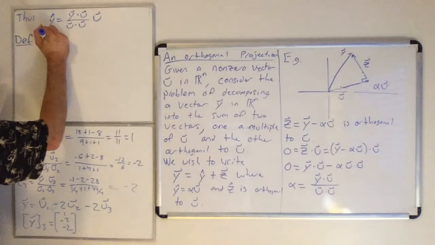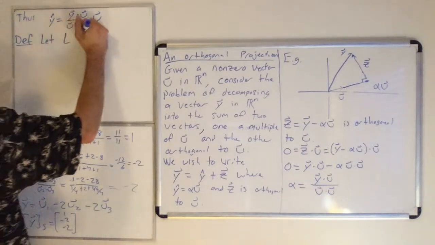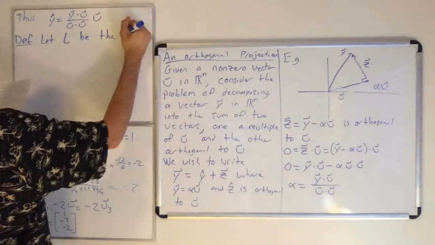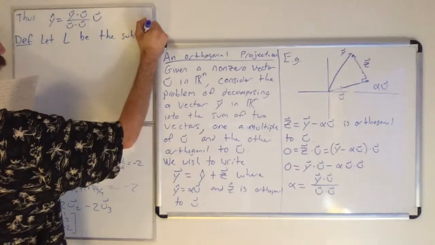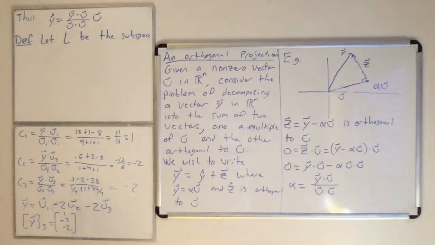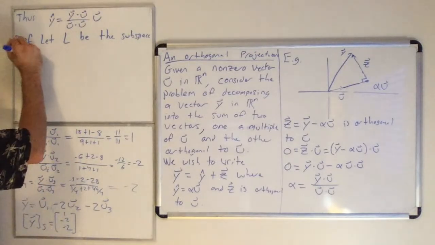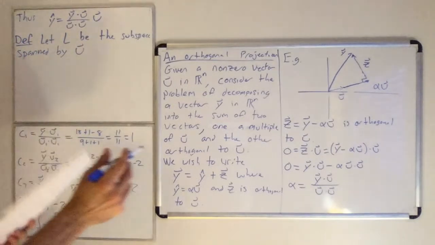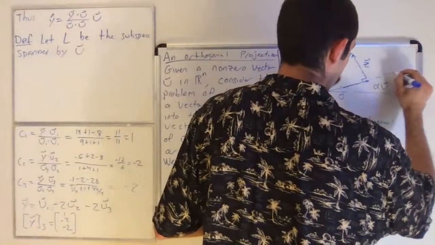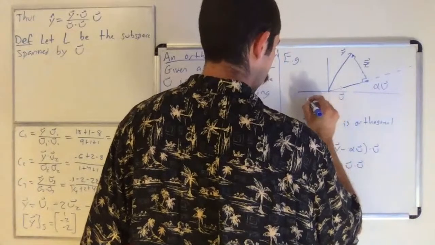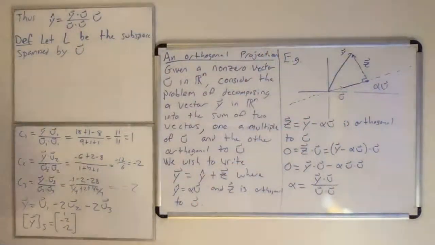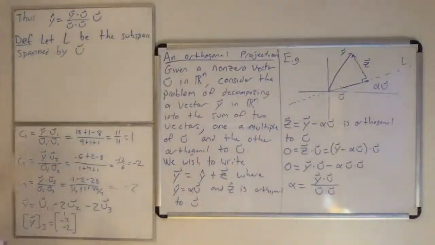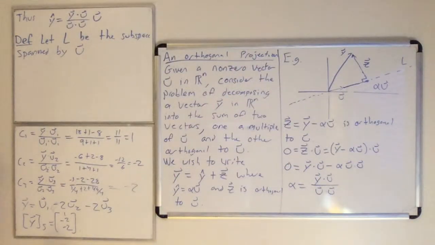Okay, so let L be the subspace spanned by u. L in our drawing here would be the line that goes through the origin in the direction of u, and it goes on to infinity and negative infinity. So let L be the subspace spanned by u.